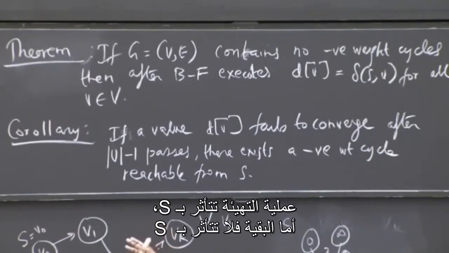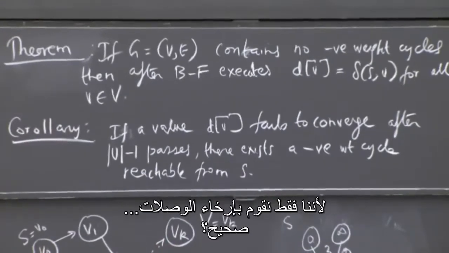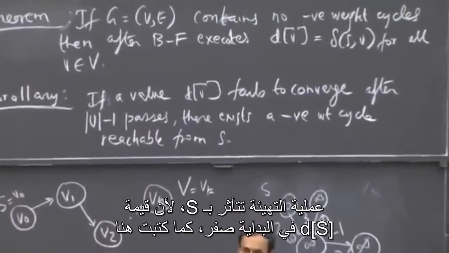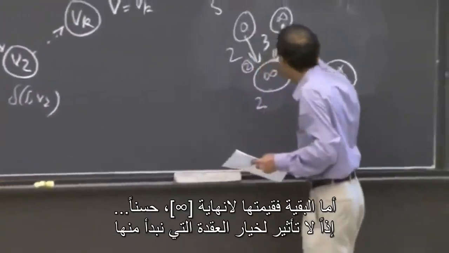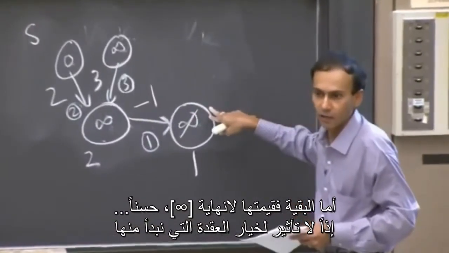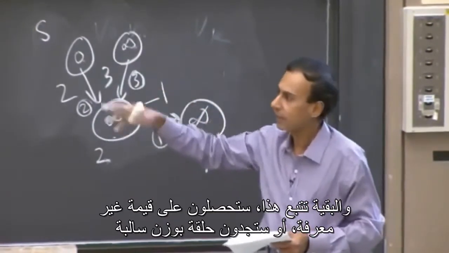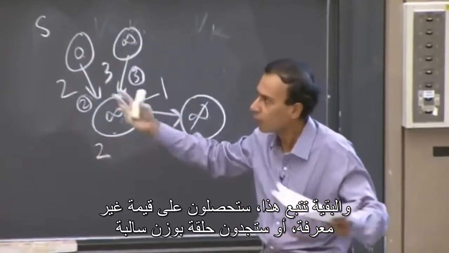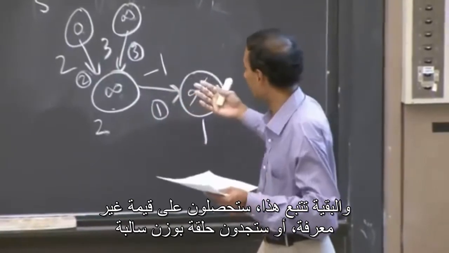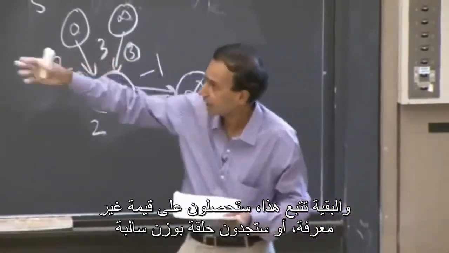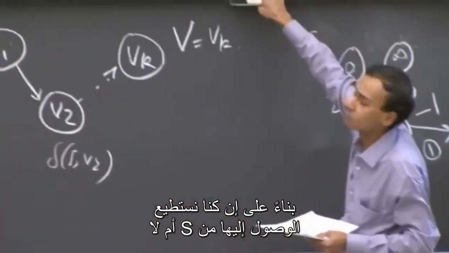Initialize is affected by S. The rest of it isn't affected by S because you're just relaxing the edges, right? Initialize is affected by S because D of S starts out being 0, like I put over here, and the rest of them are infinity, okay? So there is an effect of the choice of the starting vertex, and the rest of it follows that you will get an undefined value, or you will find that the negative cycle exists based on whether you can reach it from S or not.